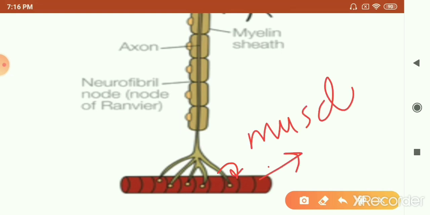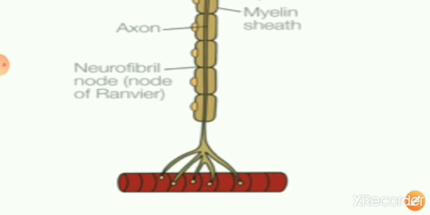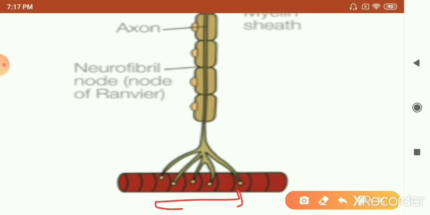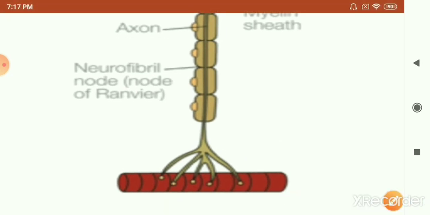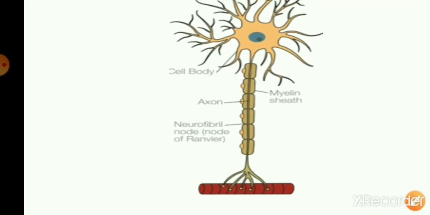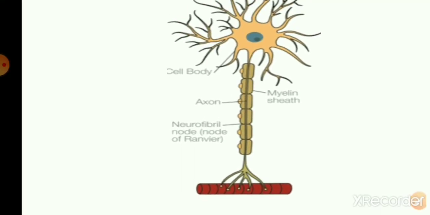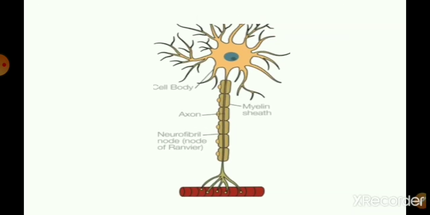This is a striated muscle fiber. Once the message reaches the muscle fiber, it responds by becoming shorter. So it contracts and becomes shorter, and this causes the movement. So because of this nervous tissue, quick impulses or messages are carried quickly from one part of the body to another part.